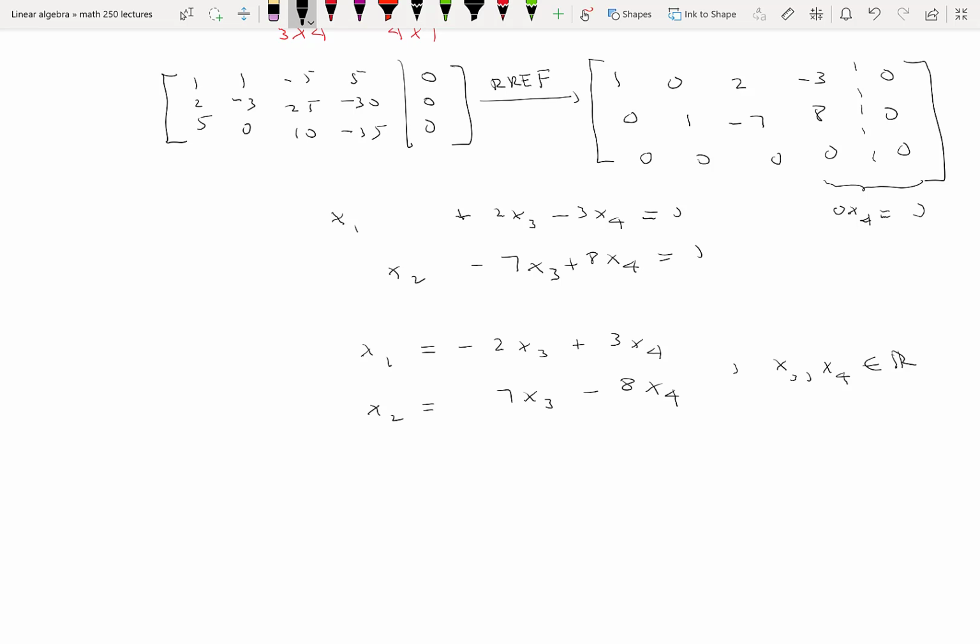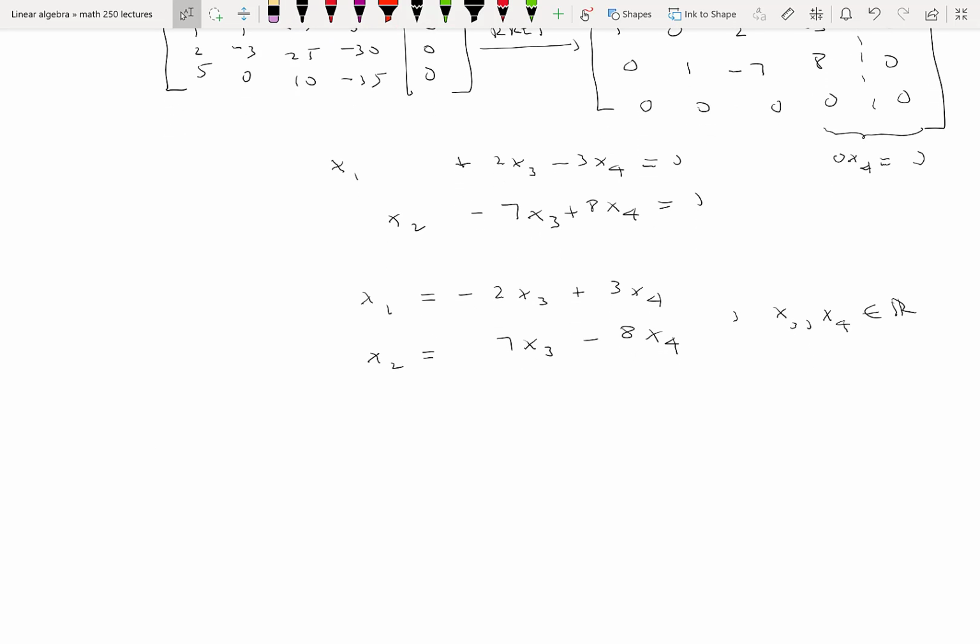Keep in mind, we are looking for a basis for the solutions. We are looking for a linearly independent spanning set for the solutions.